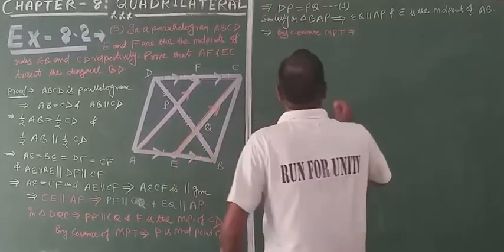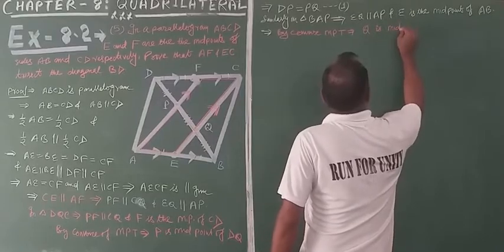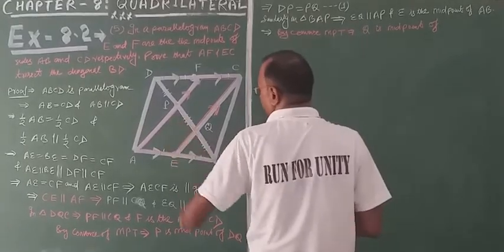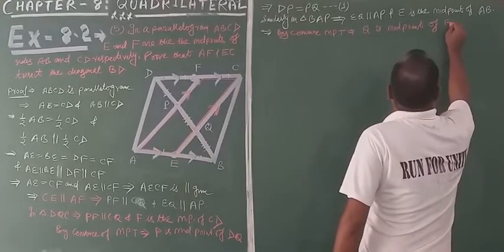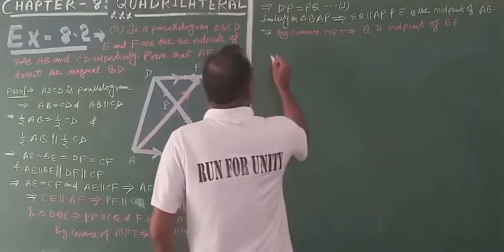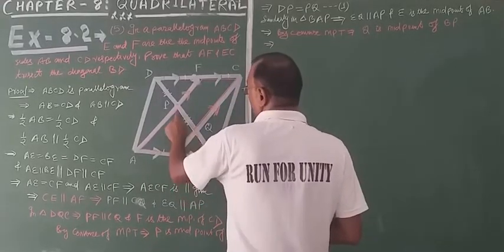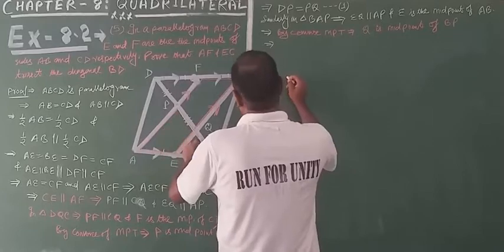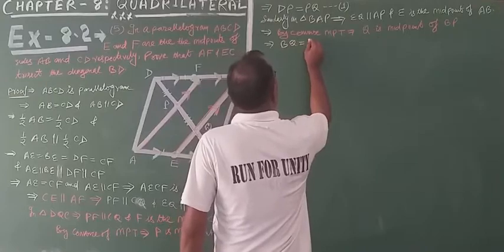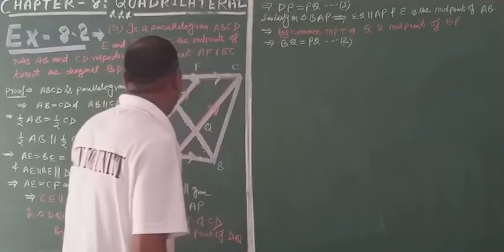This Q is the midpoint of BP. If this is the midpoint, therefore what will happen? Can you tell me? This BQ is equal to PQ. Now what is here?